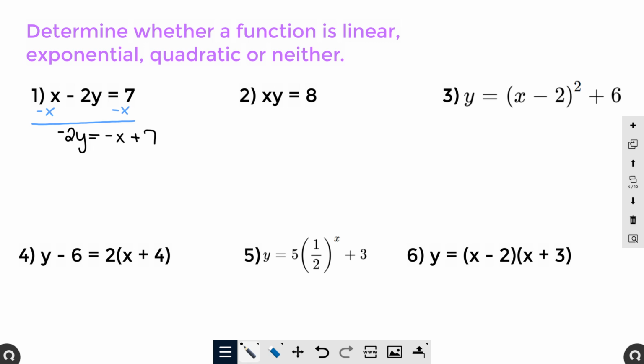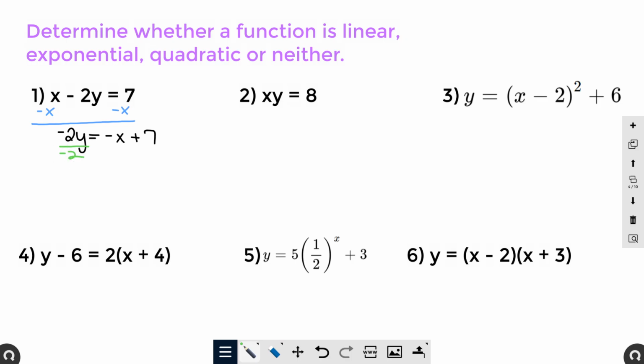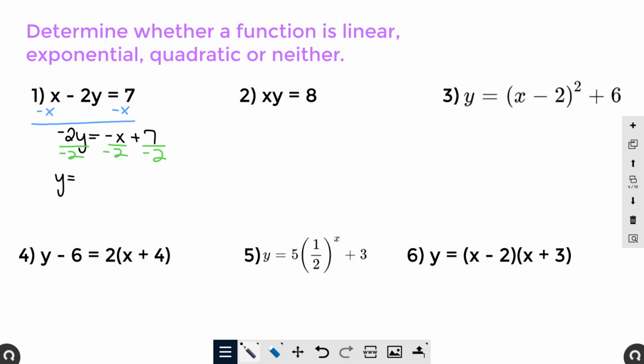All right, what's my last step? Divide everything by negative 2. So remember, when you divide, you have to divide every single part. So y equals negative x divided by negative 2 is 1/2 x. Good. The negatives cancel out, and just like last night's homework, x over 2 makes 1/2 x.